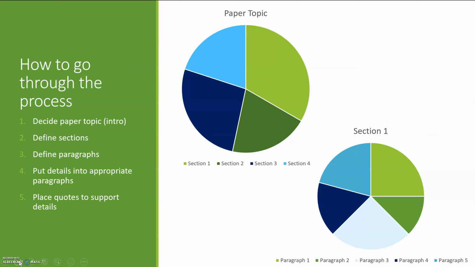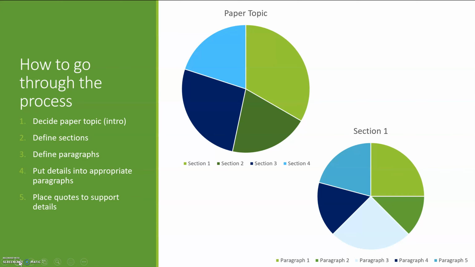Just to go with an example here, say my paper topic is about solutions for climate change. And I have 4 sections there. The first one is curbing fossil fuels. Second is increasing renewable energy. Third is decreasing deforestation. And fourth is introducing a carbon tax.